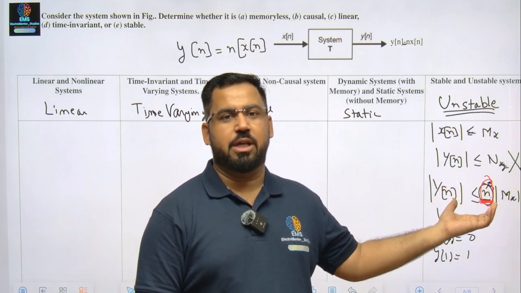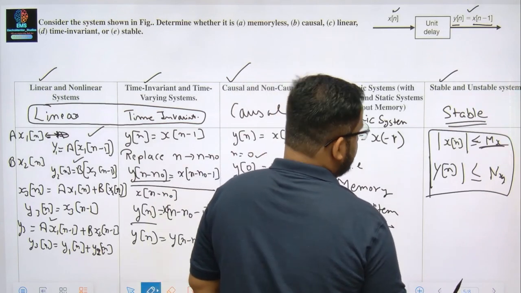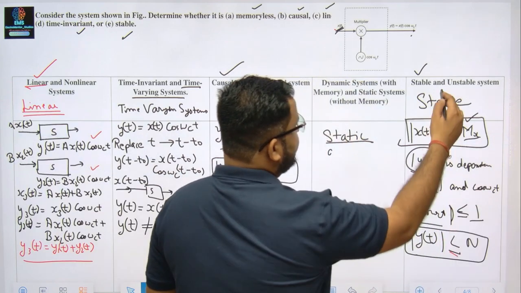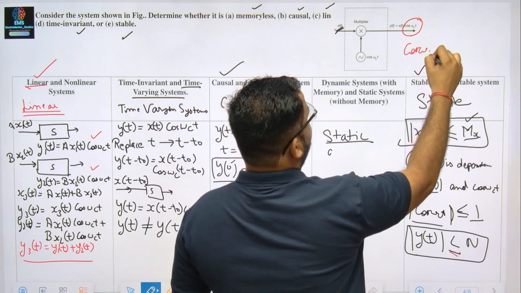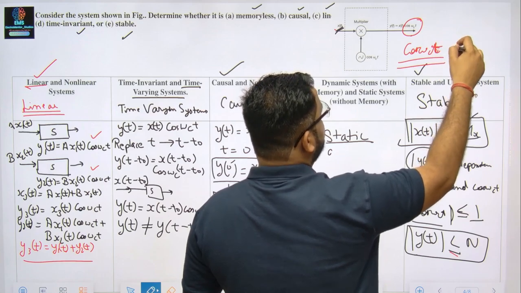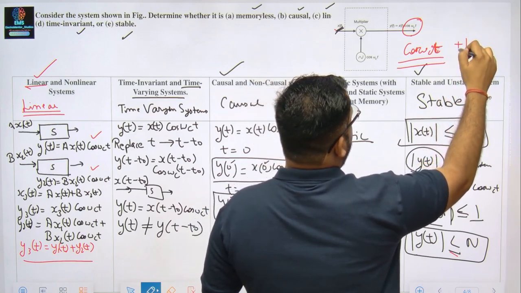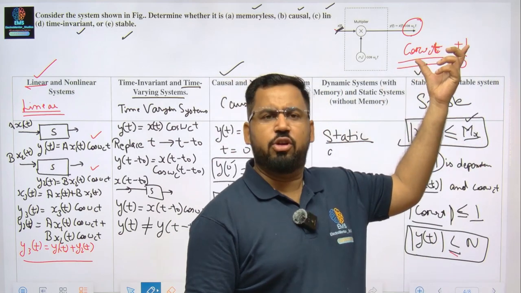So in stability, you just need to check whether there is some variable which has no bound, then my system becomes unstable. For example, we'll just go back a bit. See, in this system also we had a multiplication factor cos(ωct), but the magnitude of this is going to vary between 0 to 1 for any value of t.